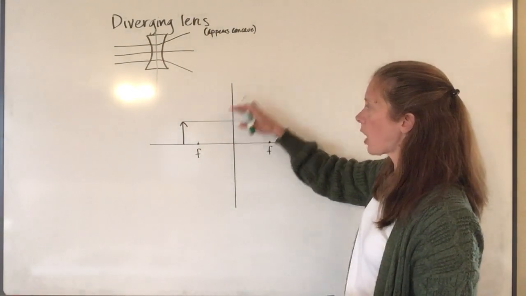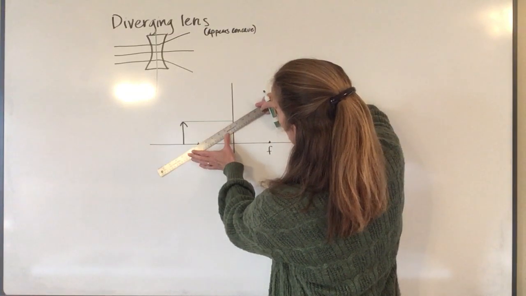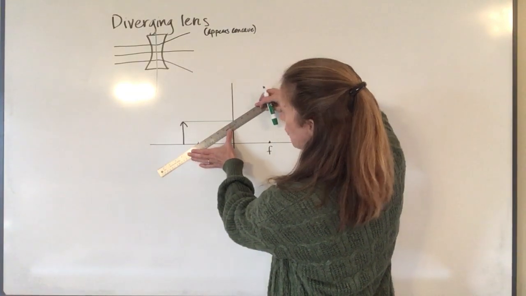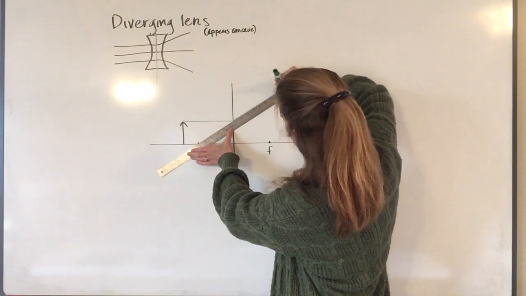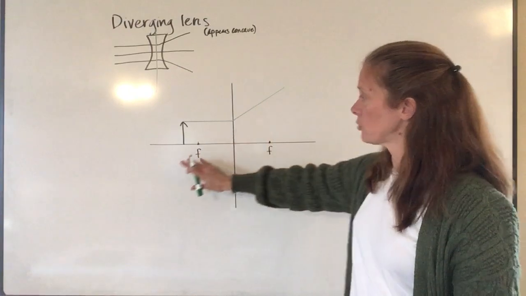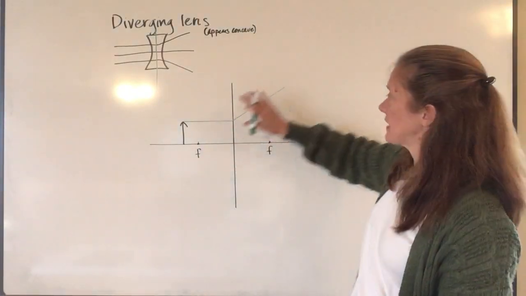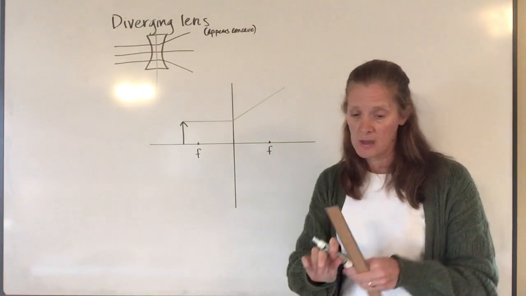So in order to draw this beam as it comes through, it's going to appear that it is coming from the focal point on the other side. So it's going to come off this direction, okay? So I'm using the focal point on this side to get the beam that's coming off on this side, right?